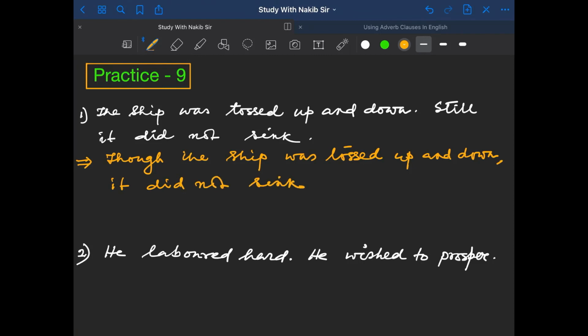Concession. So this is an adverb clause. Though he is poor, like this, adverb clause. Concessional adverb clause. Okay.